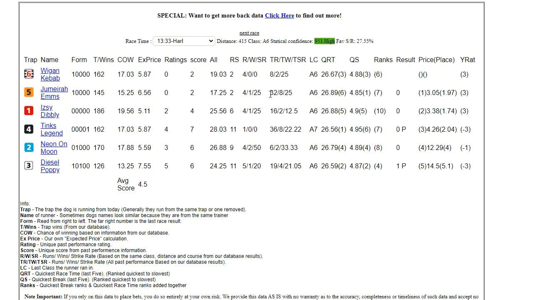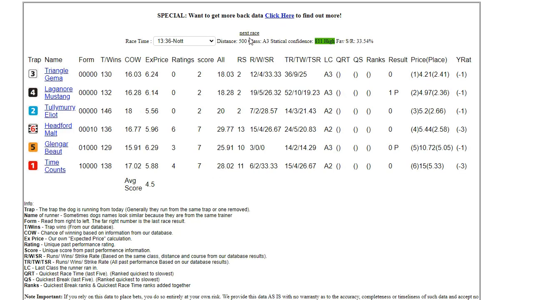So we had 17 for the favourite, 28 for the third favourite, and 25. So that would have won. You may want to be careful when you see favourites with such a low score. May even want to take them on, but you want to be a little bit careful. But you can see that every other runner in the race had quite a good score.